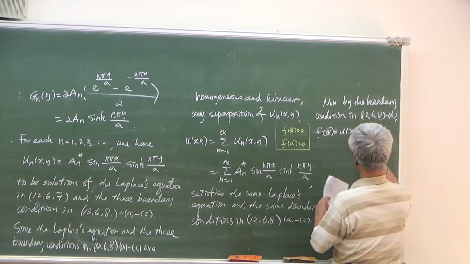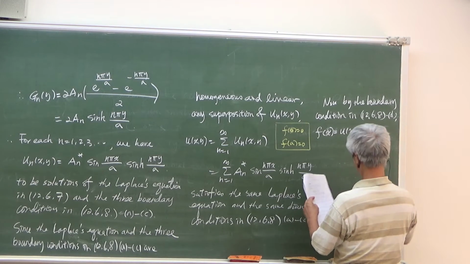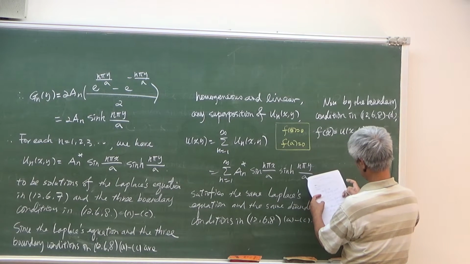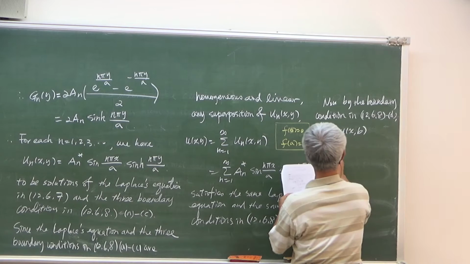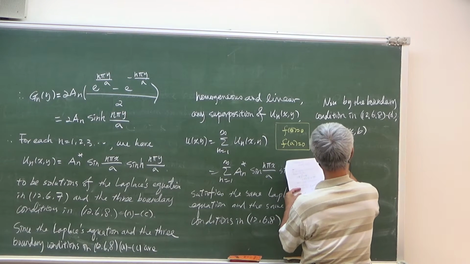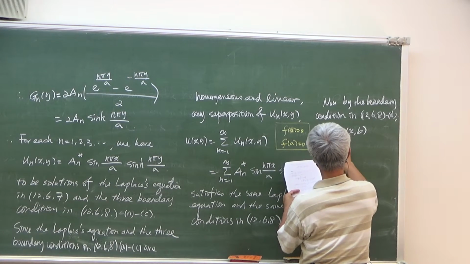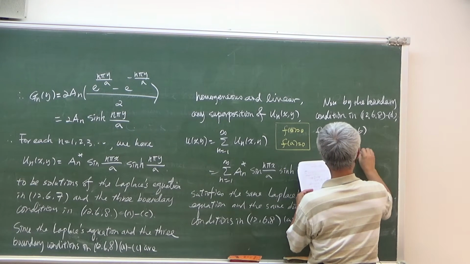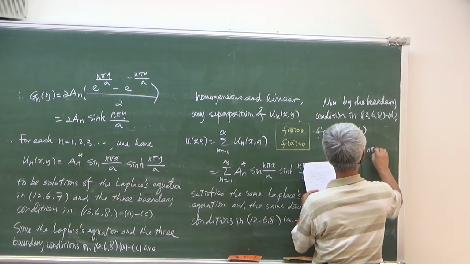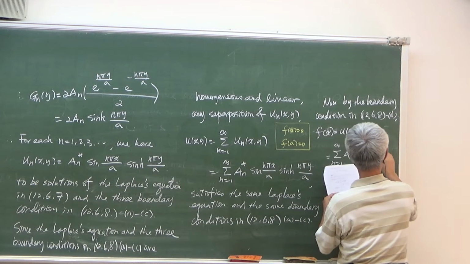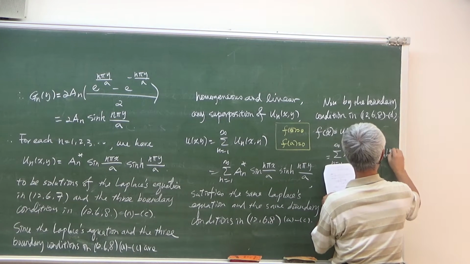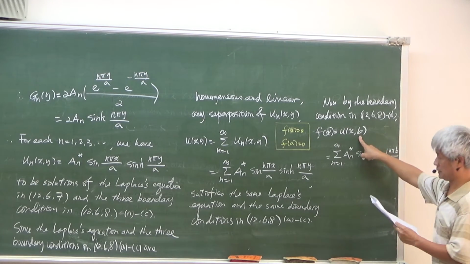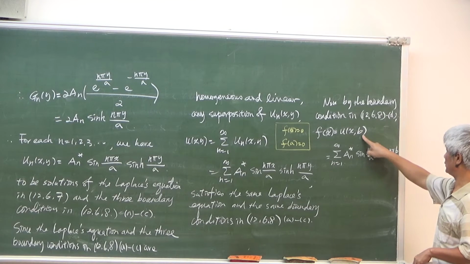Alright, so f of x is equal to this one, and so this is equal to the summation of a_n star sine n pi x over a, and hyperbolic sine n pi b over a, because you have to put y equal to b here.